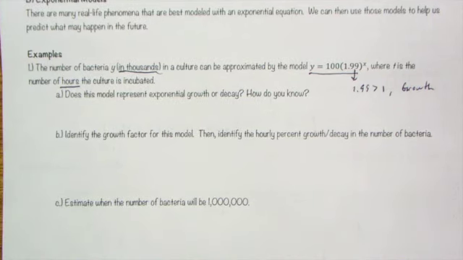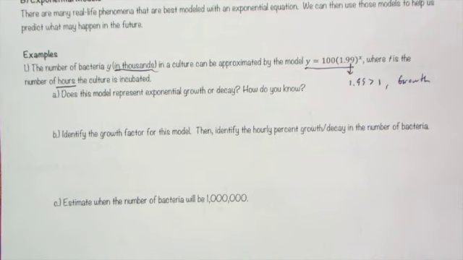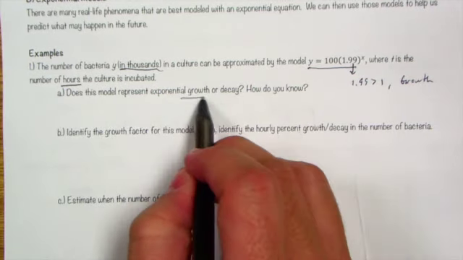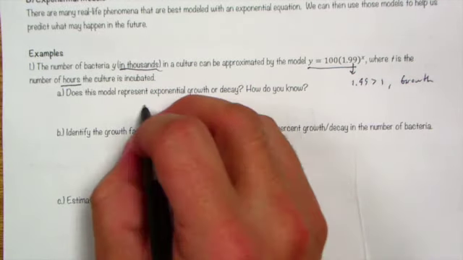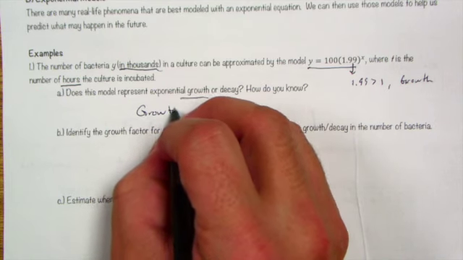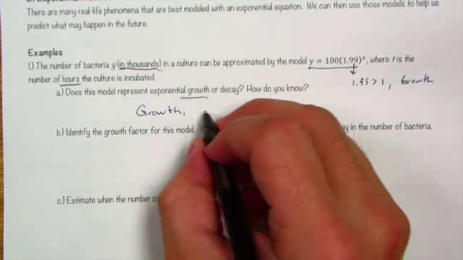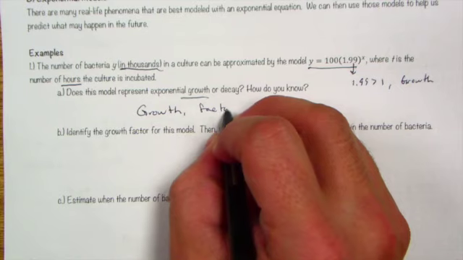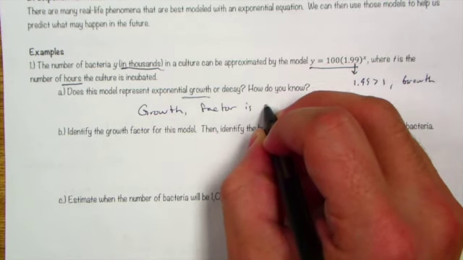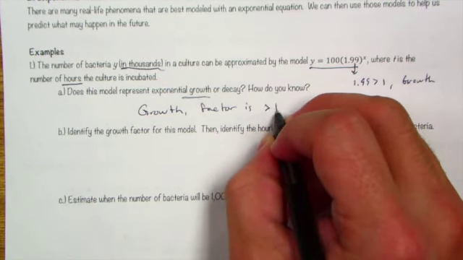So A says, does this model represent exponential growth or decay, which is what we just talked about. It's growth, obviously. But why is it growth? It's because the factor is greater than 1.